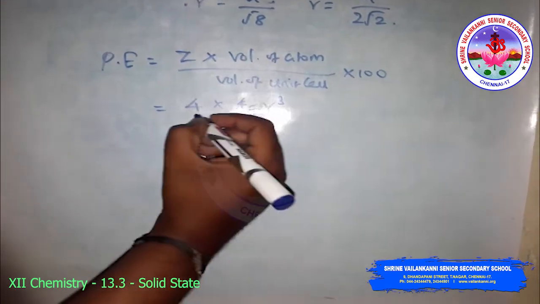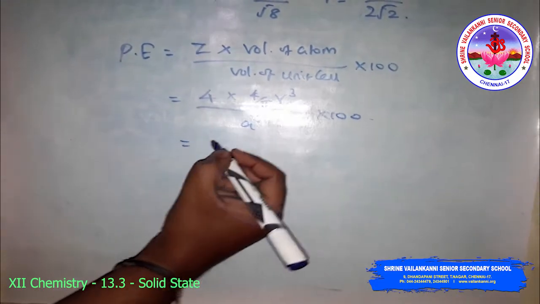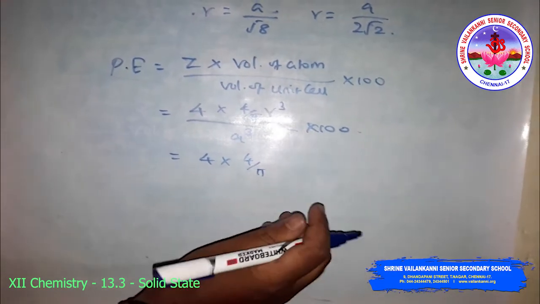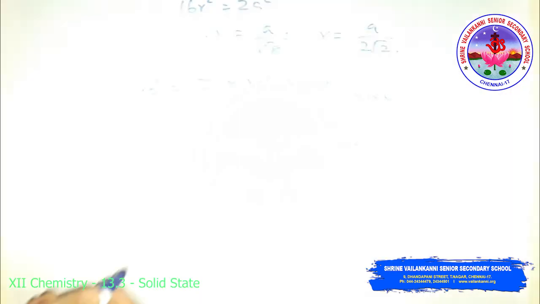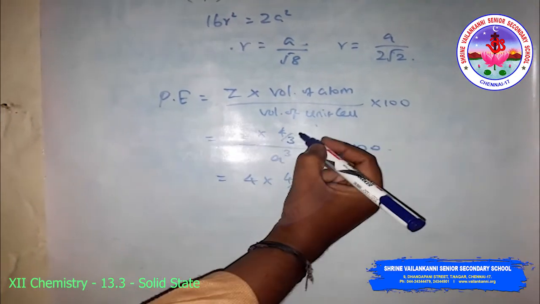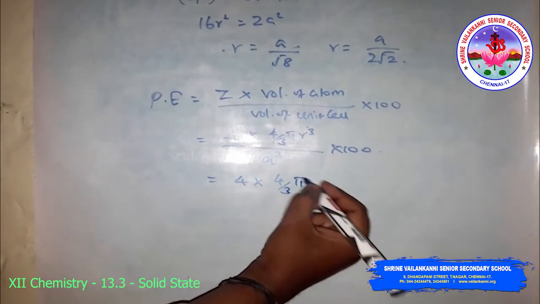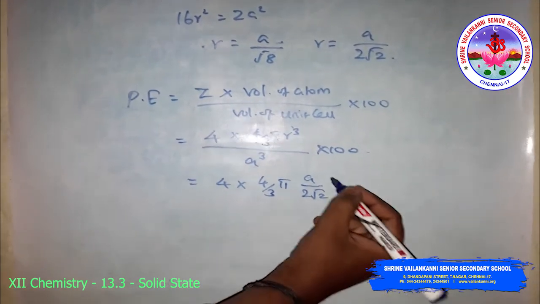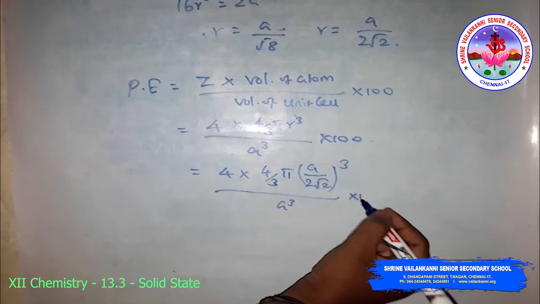Then into 100 divided by volume of unit cell, which is A cube. Here 4 into 4 by 3 pi r cube, and here r is A by 2 root 2, the cube divided by a cube into 100.